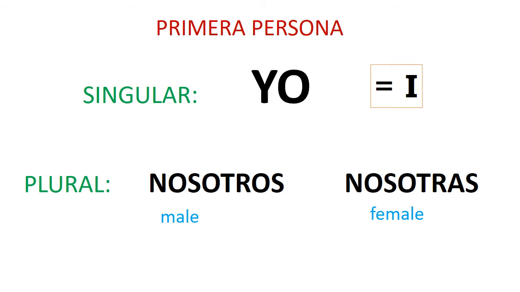So nosotros is used for both men and women, or just men, and nosotras only for women. Okay? So nosotros and nosotras could be translated as we. In English it doesn't change, of course, but in Spanish it does. Yo, singular; plural, nosotros or nosotras. It depends if it's male or female.